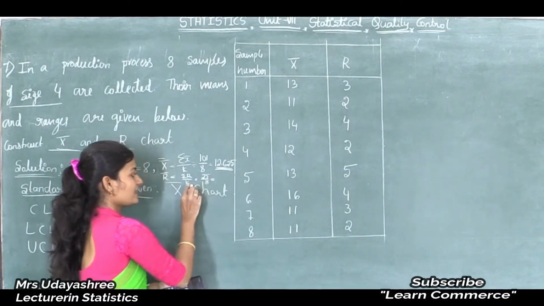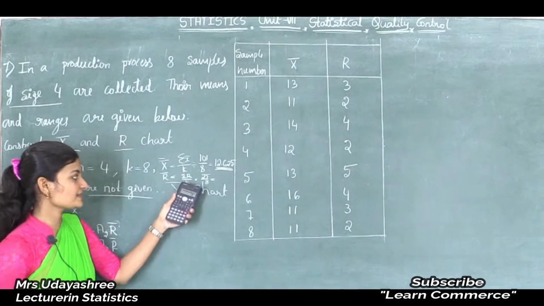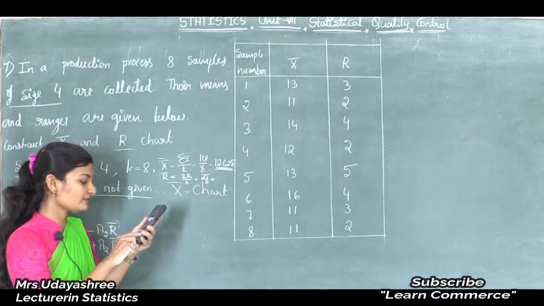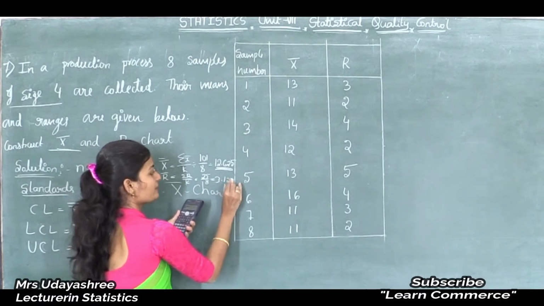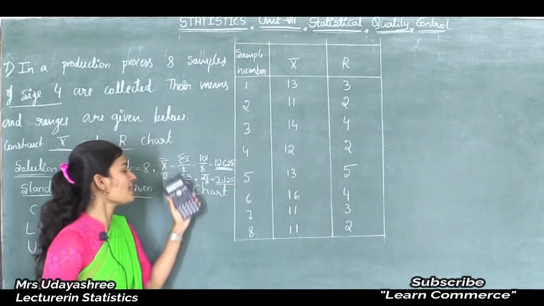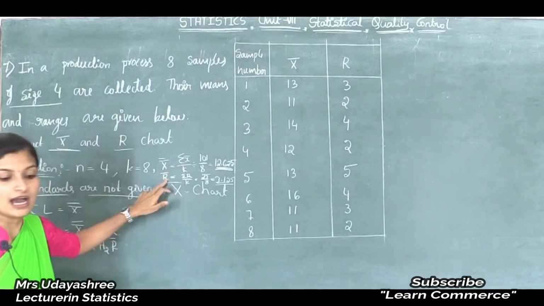See here K is 8, right? So 25 divided by 8 is 3.125.